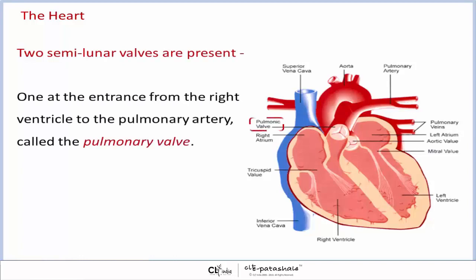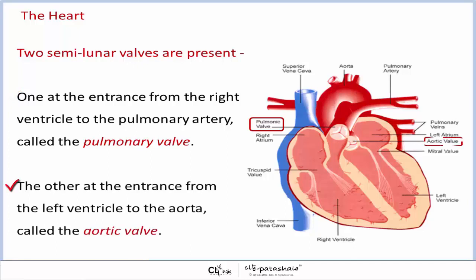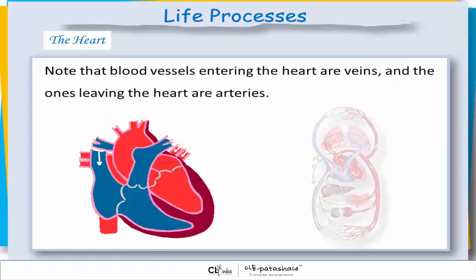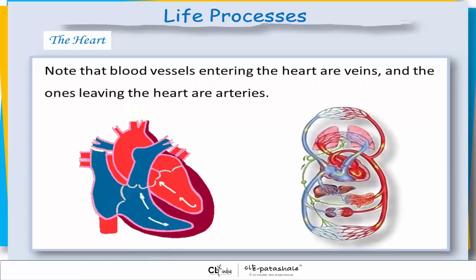Two semilunar valves are present, one at the entrance of the right ventricle to the pulmonary artery called the pulmonary valve, the other at the entrance from the left ventricle to the aorta called the aortic valve. Note that blood vessels entering the heart are veins and the ones leaving the heart are arteries.